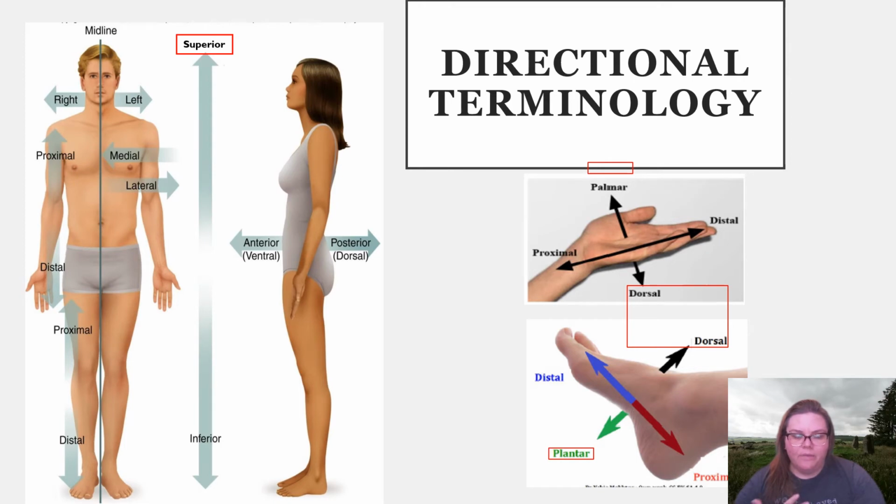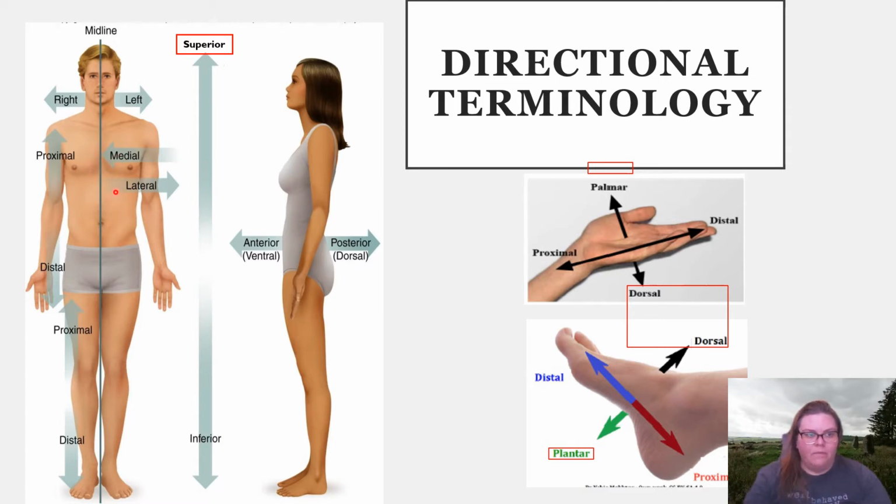Okay, so now that we've kind of cut the body into different pieces, we want to be able to describe those pieces. Remember, your left is the right that you're going to be talking about, and your right will be the anatomically positioned left. If you look at this, medial is towards the midline or central.